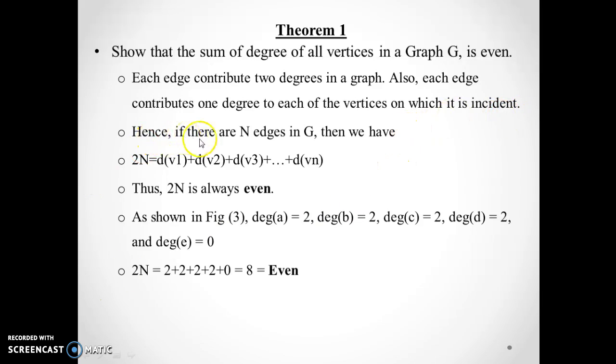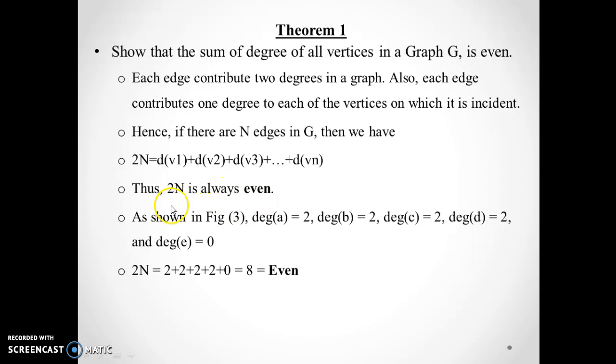Hence, if there are n edges in graph G, then we have 2n equal to degree of V1 plus degree of V2 plus degree of V3 up to plus degree of Vn. Therefore, 2n always comes out even.